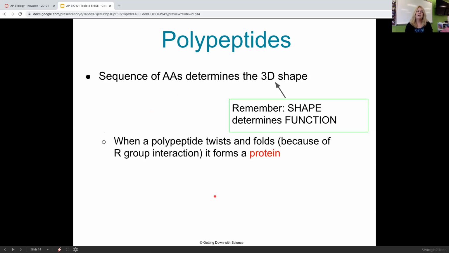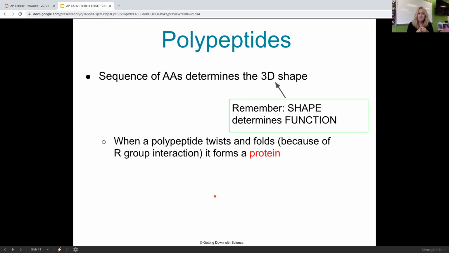So when a polypeptide is released from a ribosome, the first thing it will do is start to twist and fold because of some of the hydrogen bonds being formed along the polypeptide backbone, and also because of the interactions of the reactive groups on there.